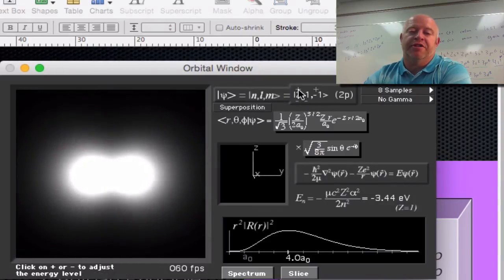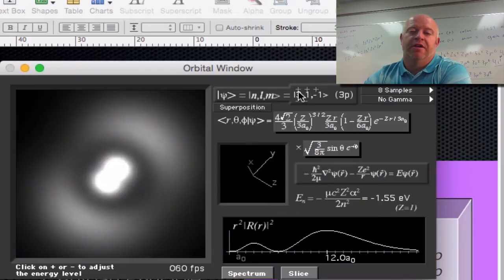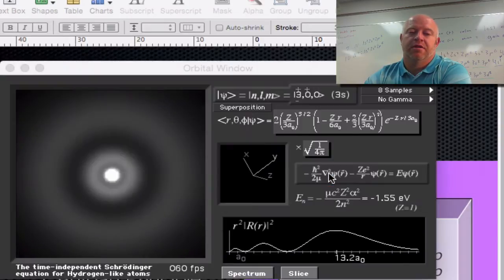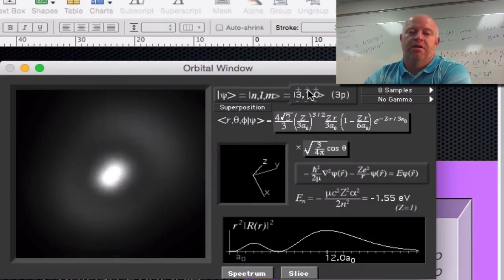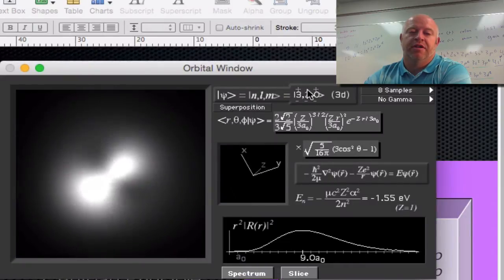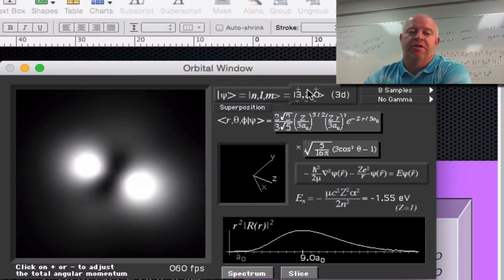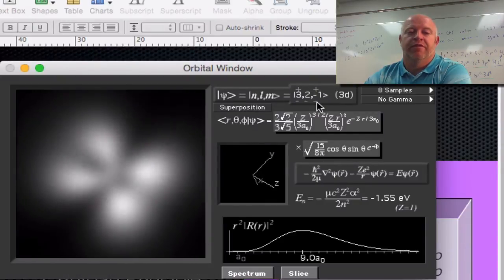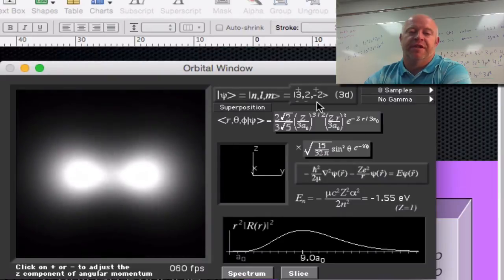On the third energy level, I can now get not only the s and the p, but I can also get the D-shaped orbitals. And again, the D has 1, 2, 3, 4, 5 different shapes to it.